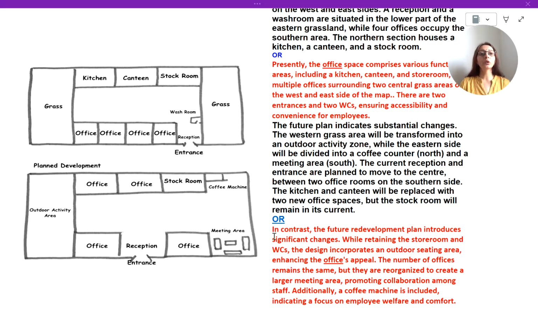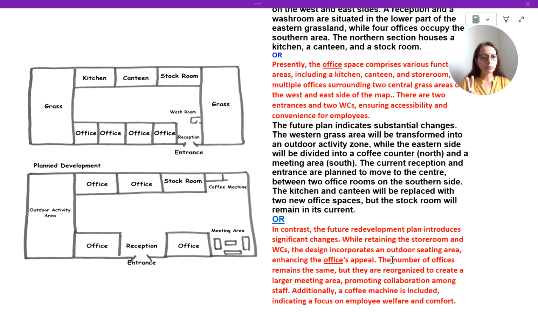Now another way, in contrast, or however, or on the other hand, the planned future map is here. In contrast, the future redevelopment plan introduces significant changes. So in the first sentence they have announced that significant changes will be there, indicates substantial changes. The future development plan introduces significant changes while retaining the storeroom and WC.